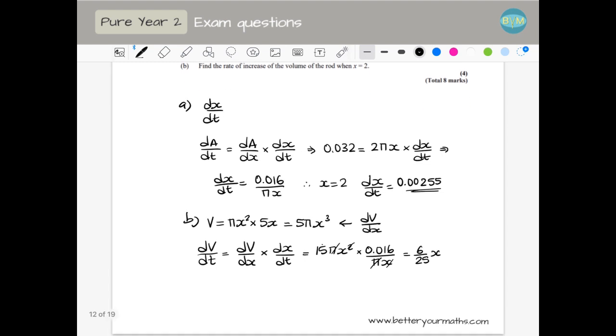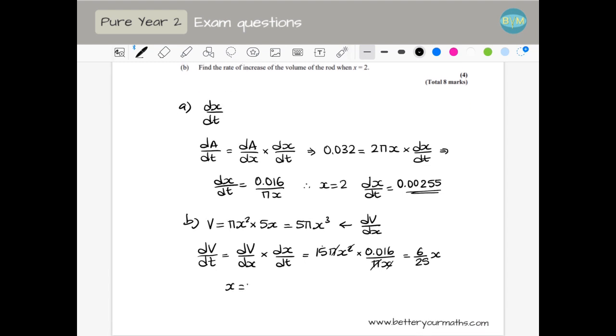And when x is 2, I have 12 over 25. So dV by dt is 12 over 25. I'm going to write it as a decimal because that's what we did before. So this is the rate of change of volume.